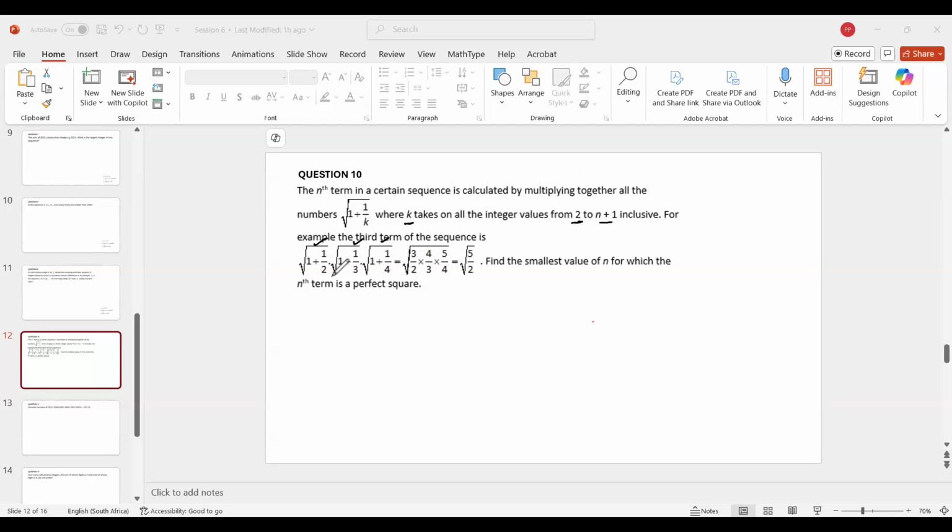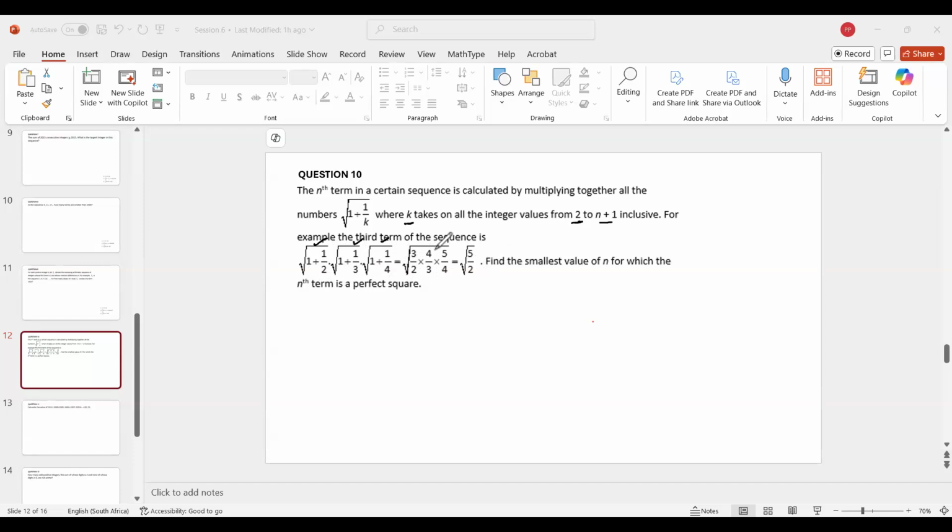We can multiply all these different square roots together and put them under one square root sign. 1 plus a half is 3 over 2. 1 plus 1/3 is 4 over 3. And 1 plus a quarter is 5 over 4. So you get the square root of 3 over 2 times 4 over 3 times 5 over 4.